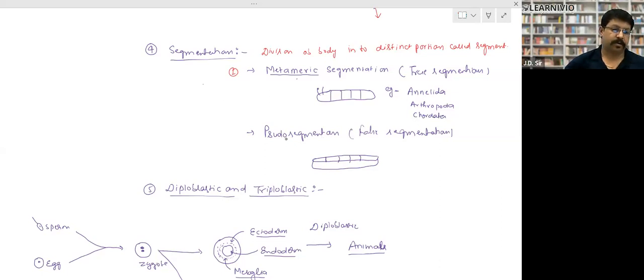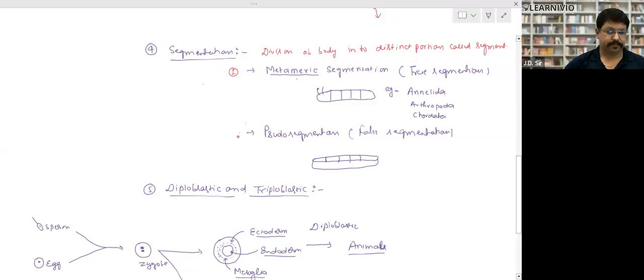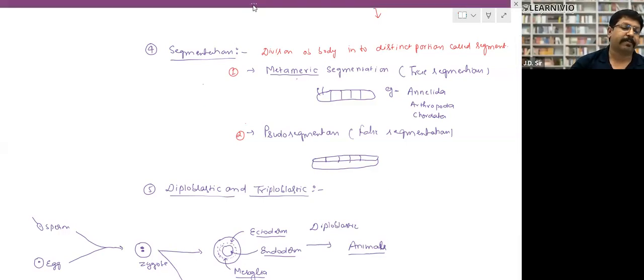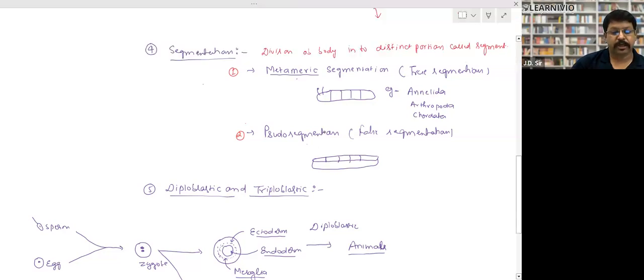The second one is pseudo segmentation. Pseudo means false. Please note it down. The second one is pseudo segmentation or false segmentation. You have to make both diagrams as well.